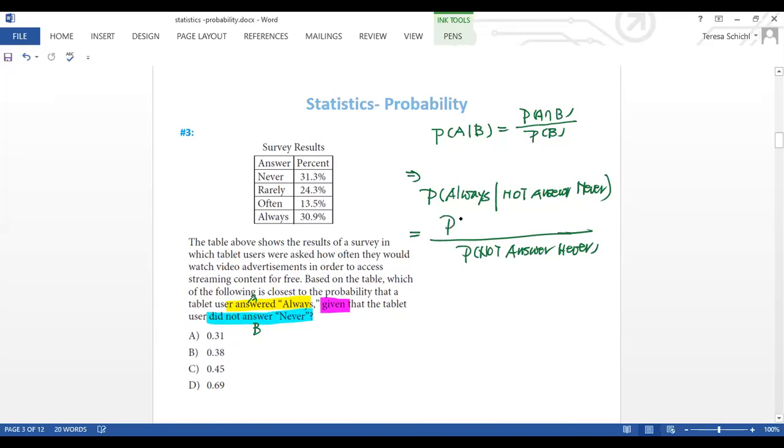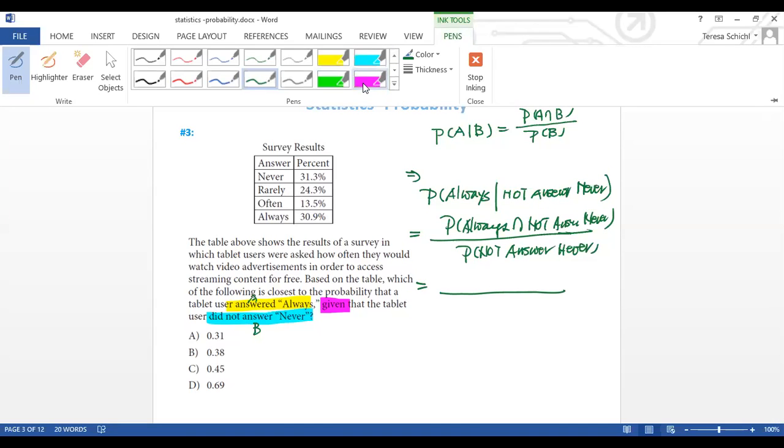And here, this is the probability of always intersect not answer, never. Okay, and now let's see here, not answer. Remember we said operations, right?